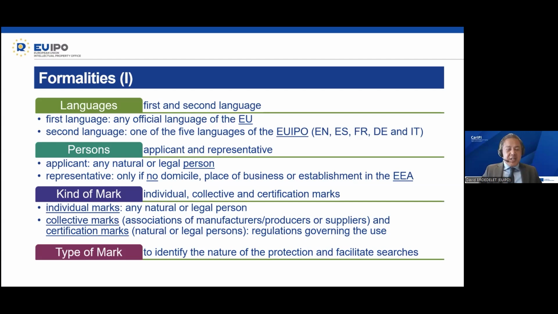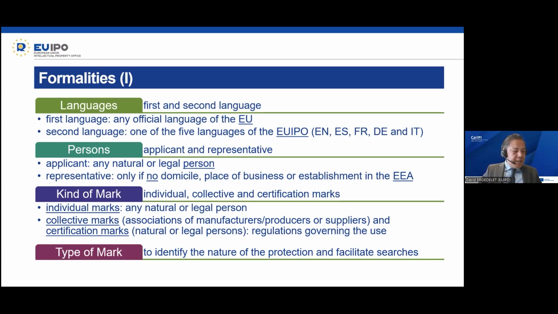If the first language is an official language of the EU, so any language of the EU member states, then the second language has to be one of the 5 working languages of the EUIPO, which are English, Spanish, French, German, and Italian. However, the first and the second language must be different.